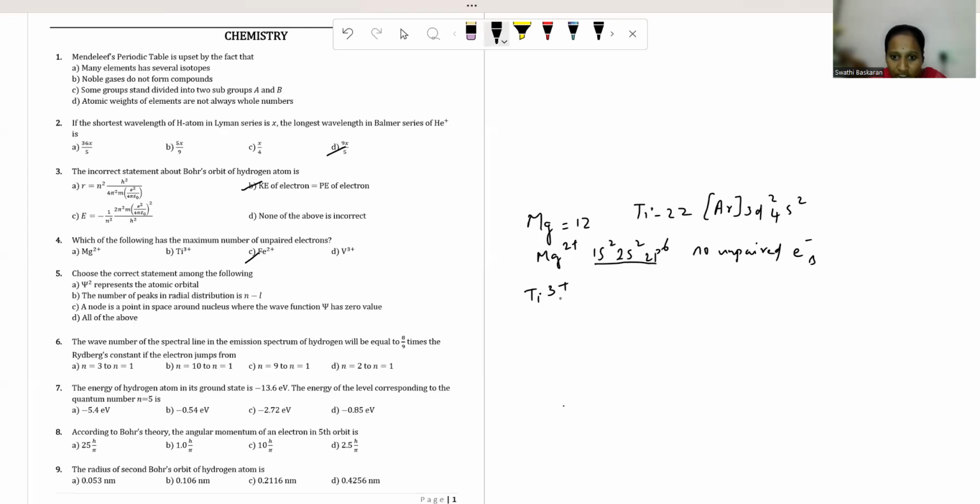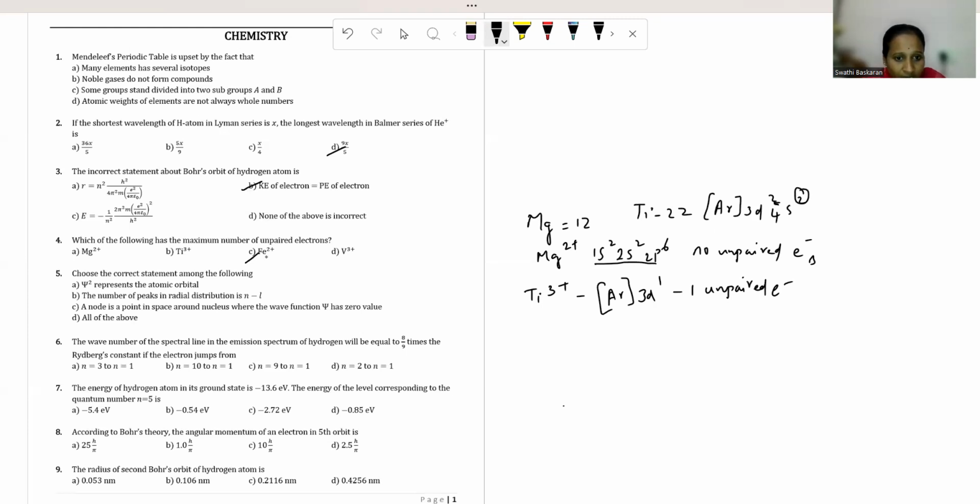If you remove 3 electrons, you would be removing these 2 electrons and 1 electron from 3d. So in case of titanium 3 plus, you will have argon and then 3d1 as the electronic configuration, which means that it has one unpaired electron.